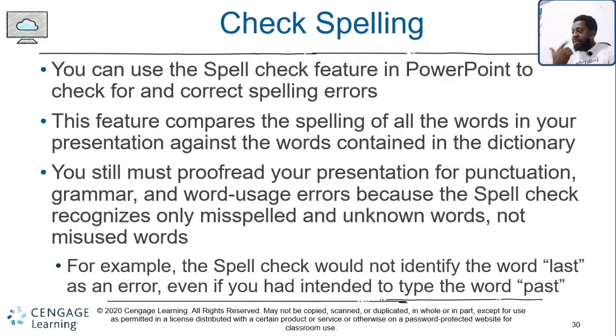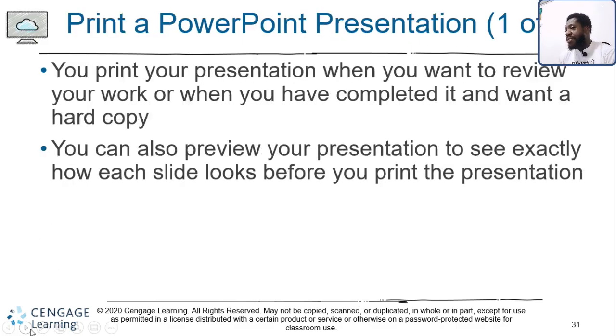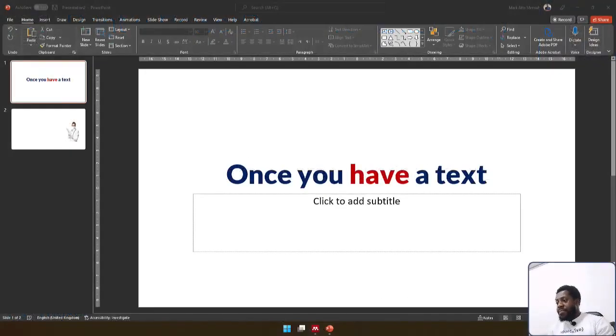So for example, a spell check will not identify the word last as an error, even if you had intended to write, say, the word past. So it becomes necessary to acquaint yourself with this tool as quickly as possible ahead of any presentation so that you are able to prepare accordingly and make sure you have an error-free presentation of some sort.